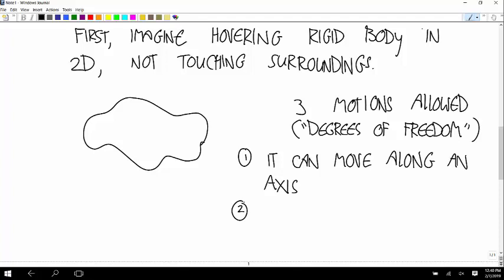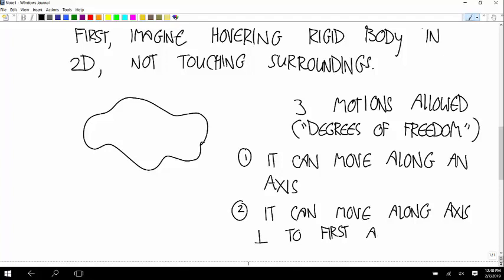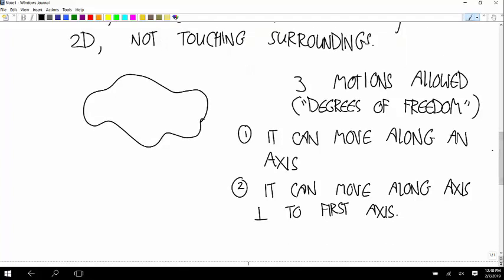So it can also move along an axis perpendicular to the first axis. And notice that with those two things together, if it can do both of those at the same time, it can move anywhere in space.